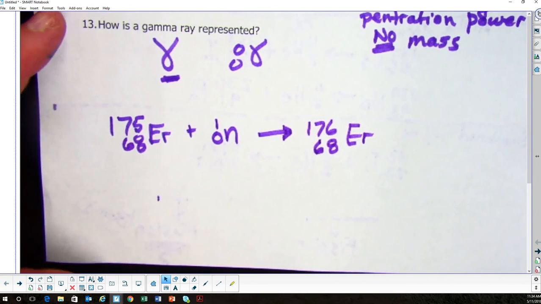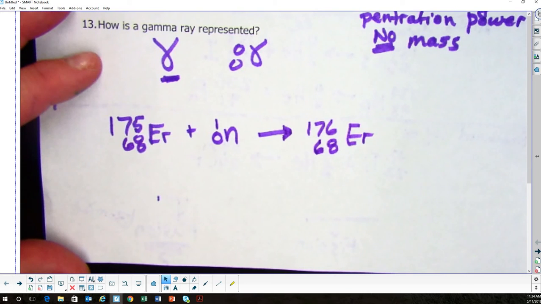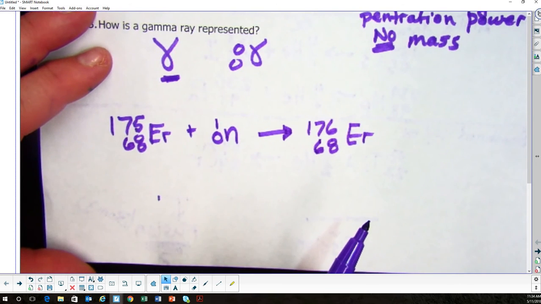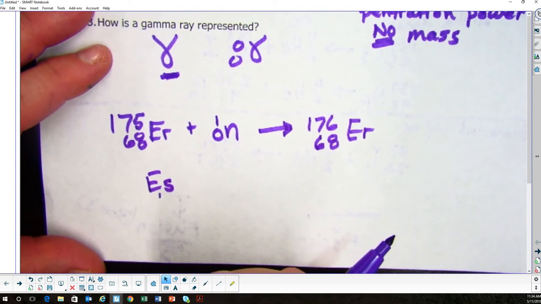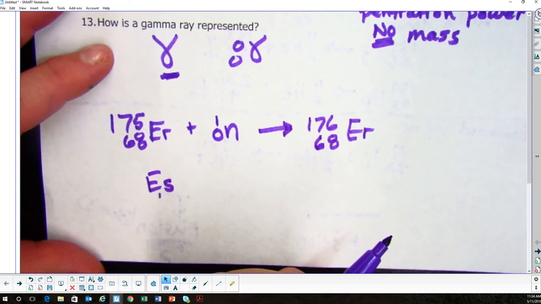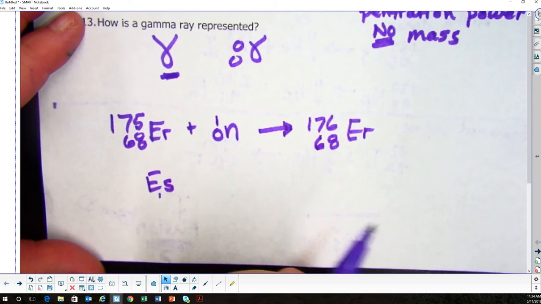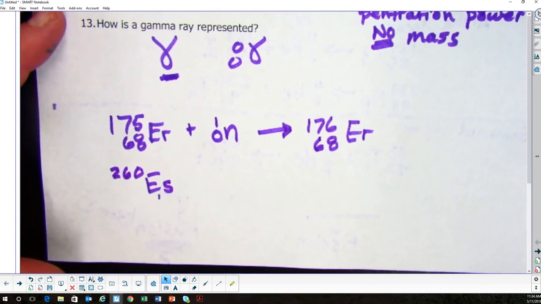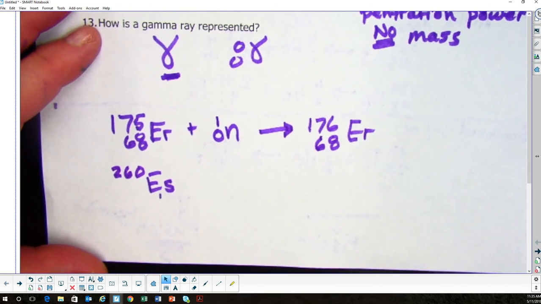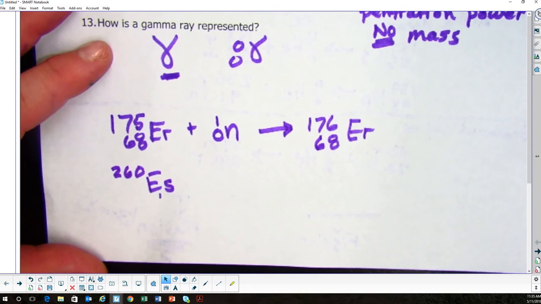Okay, I'm going to give you another one. We'll do einsteinium this time. Einsteinium undergoes alpha decay, and we'll do einsteinium 260. Most of them are going to be down in the F or the lower P. What is it doing? It undergoes alpha decay.